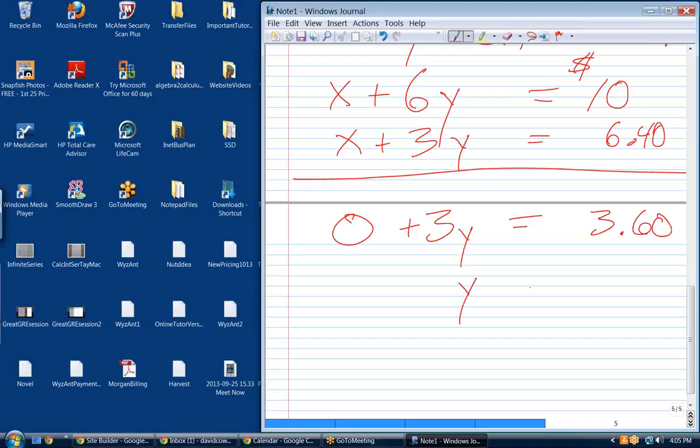So y is what? Calculator, okay. $1.20. Okay. And what is x going to be?